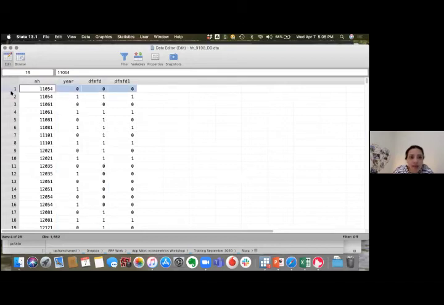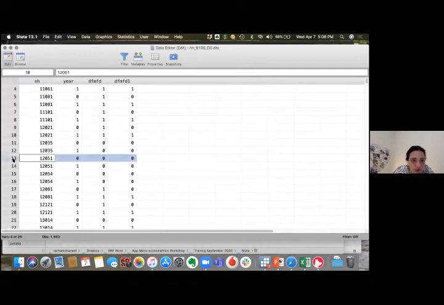You can see this household had been treated in year 1. So in the original variable it has value 1, and in the created variable it also has a value 1. This household, 12035, had not been treated. It has the value 0 for this variable in both years. So it will be 0 in both years, okay?